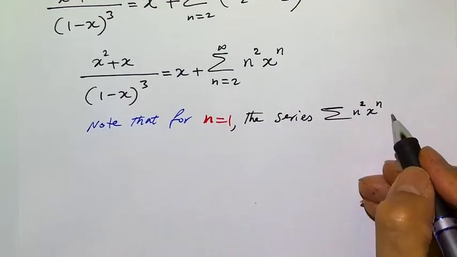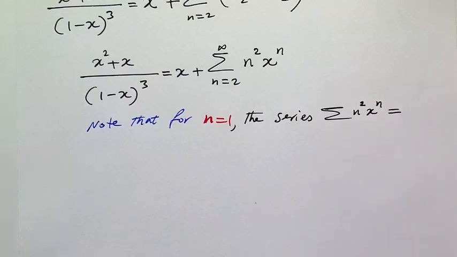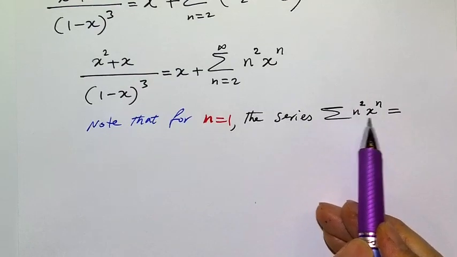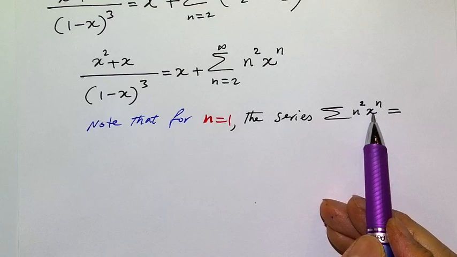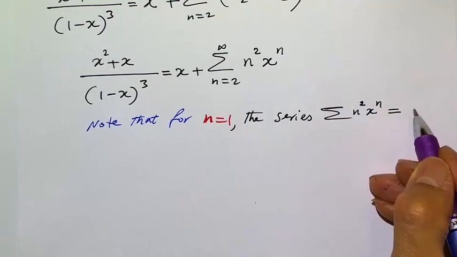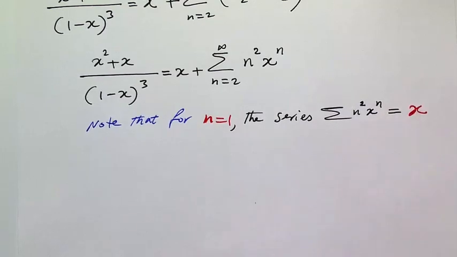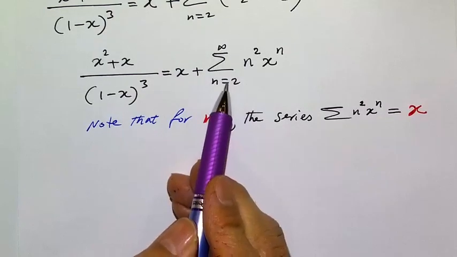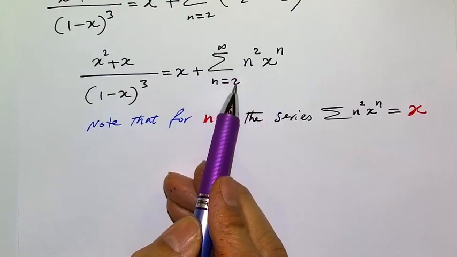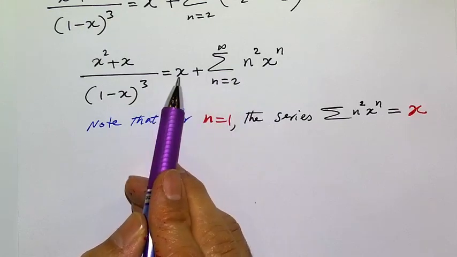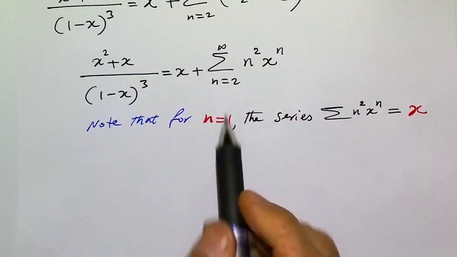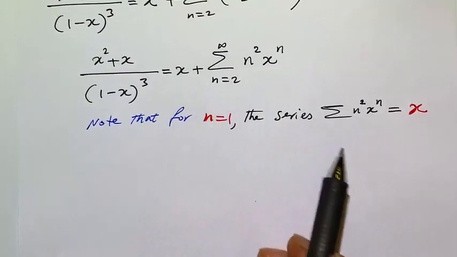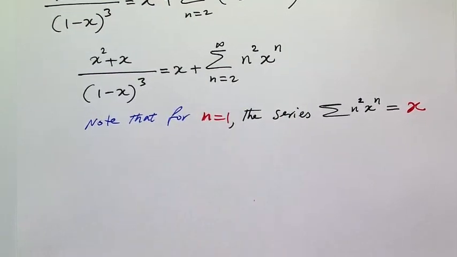This expression equals 1 squared, which is just 1, x to the 1 power is just x, so this series will be equal to x. So if we take this series from n equals 1, we're accounting for that too. Right? So let's do that. We can combine these two by starting the n from 1.